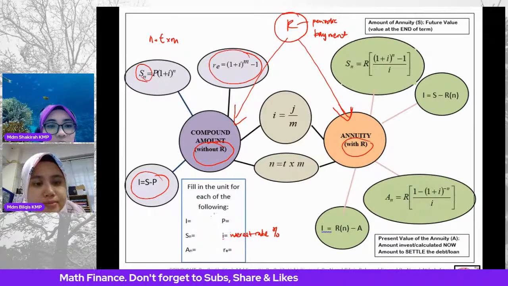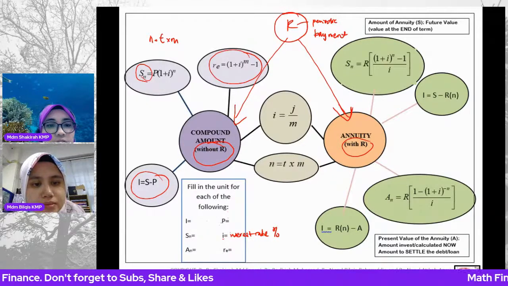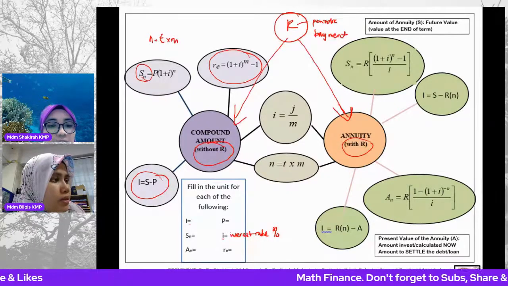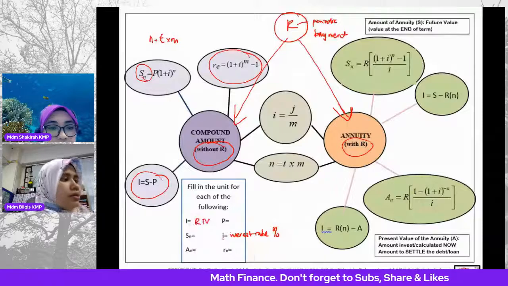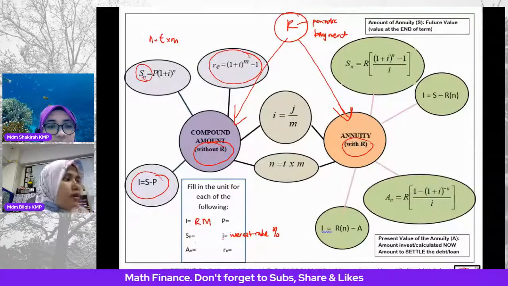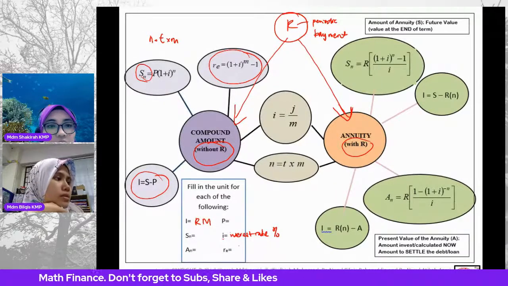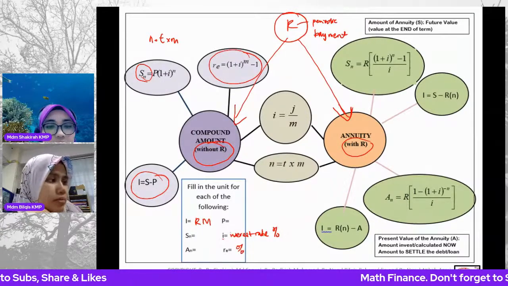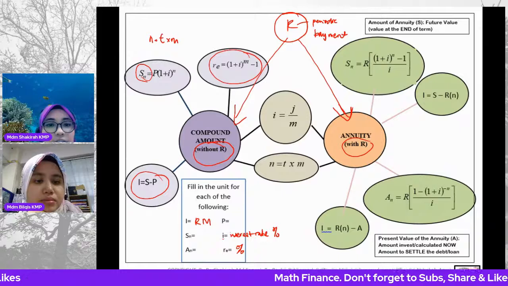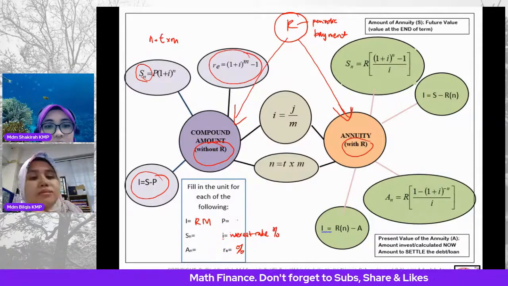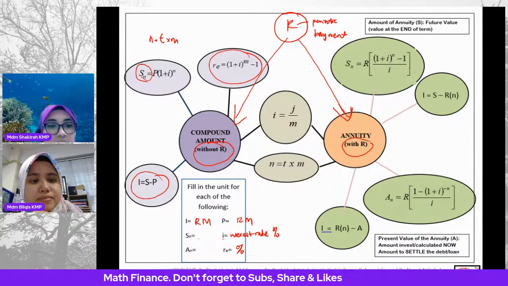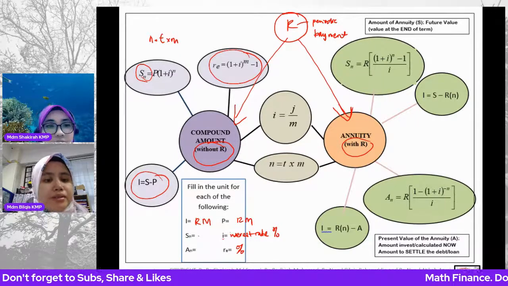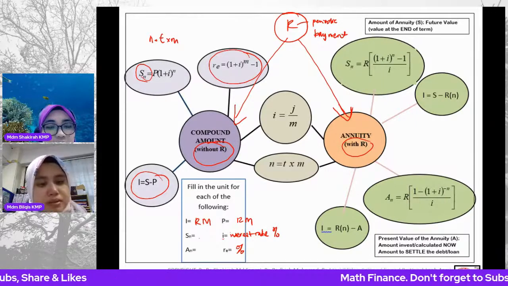Okay, so fill in the unit for each of the following. So please remember your interest will be RM. RE will be percentage. Okay, so this is the effective rate. And then your P will be principal, RM. Your Sn will be RM.